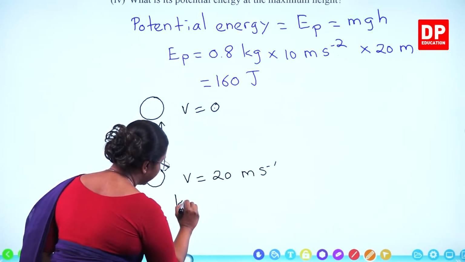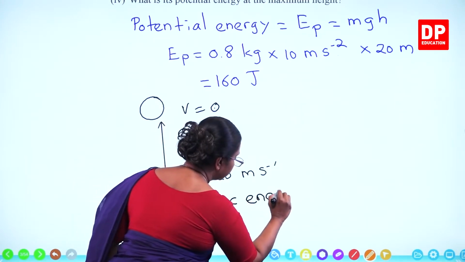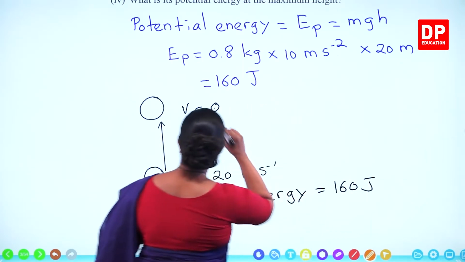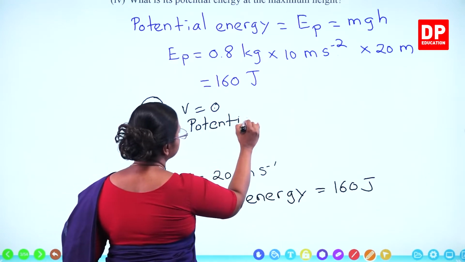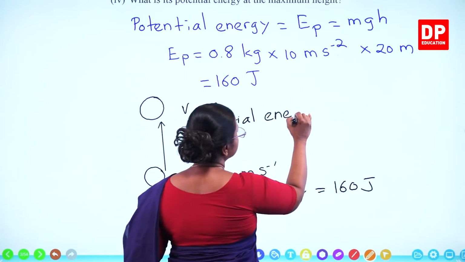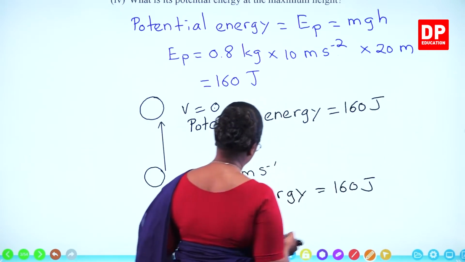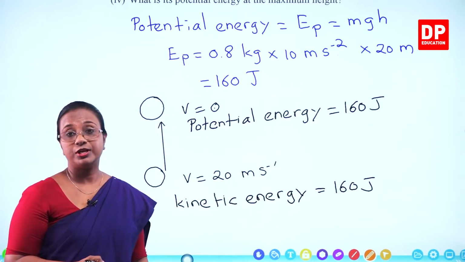Here we have kinetic energy that is equal to 160 joules. Here we have potential energy that is 160 joules. So this kinetic energy has been converted to potential energy.